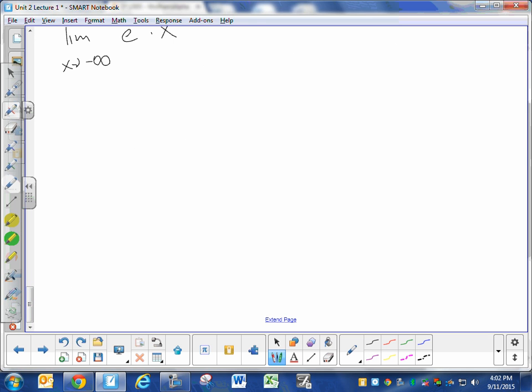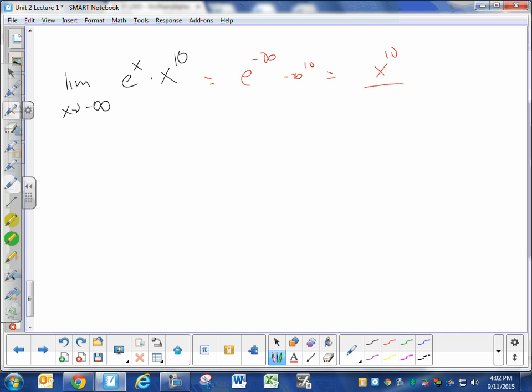If I get a question like this, the limit as x approaches negative infinity of e to the x times x to the 10th, what I'm going to be thinking is I'm plugging in negative infinity, and this could be rewritten as infinity to the 10th over e to the infinity, because it's e to the negative infinity.